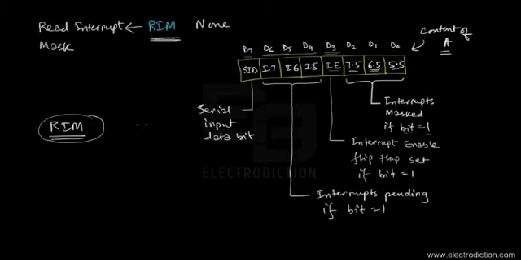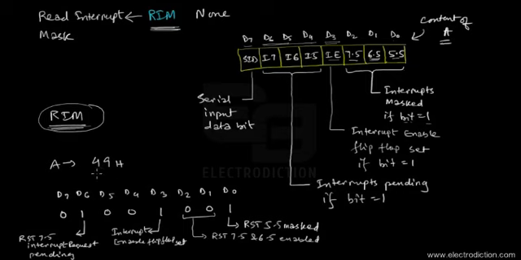As an example, let's say we request this kind of status using the RIM instruction, and the accumulator data byte is 49H. If we translate the data byte 49H loaded into the accumulator into binary, we get something like this over here.